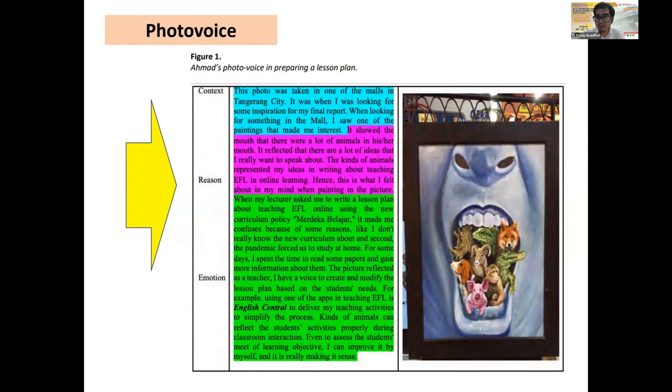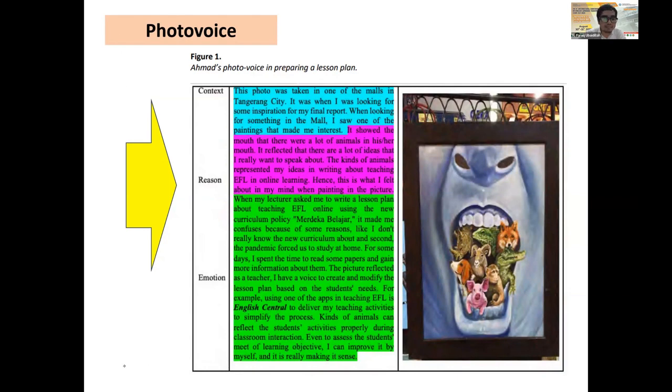Let me ask the help of Ibu Fitri. Ibu Fitri Awaliatus Salihah, please help me. Read the context, reason, and emotion. Please unmute Ibu Fitri. Maybe I would like to help. Oh, Pak Eko Suhartoyo. Yeah. While waiting for Ibu Fitri, perhaps.